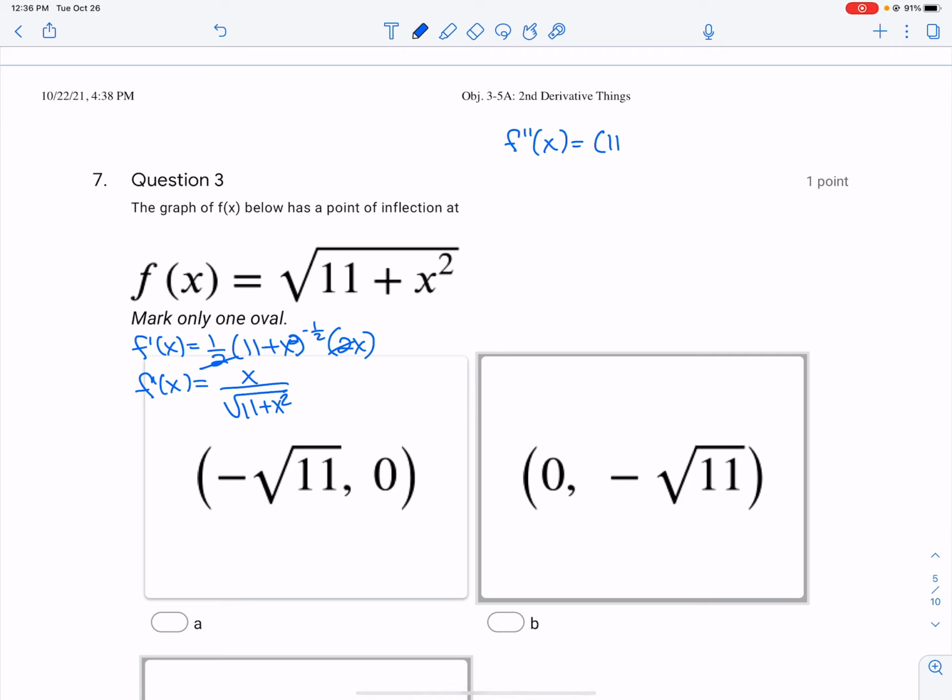So low d high minus high d low, all over the denominator squared.